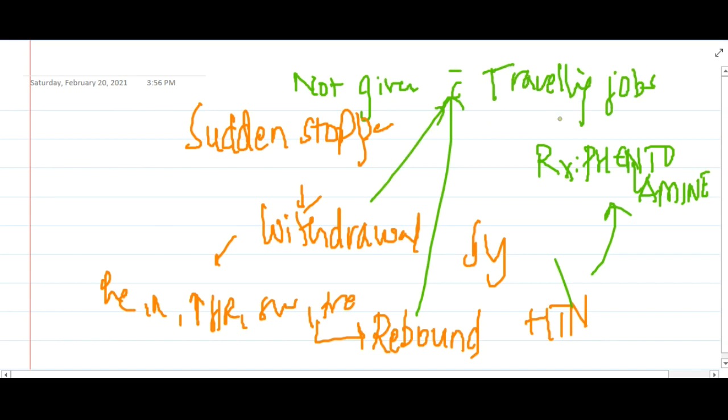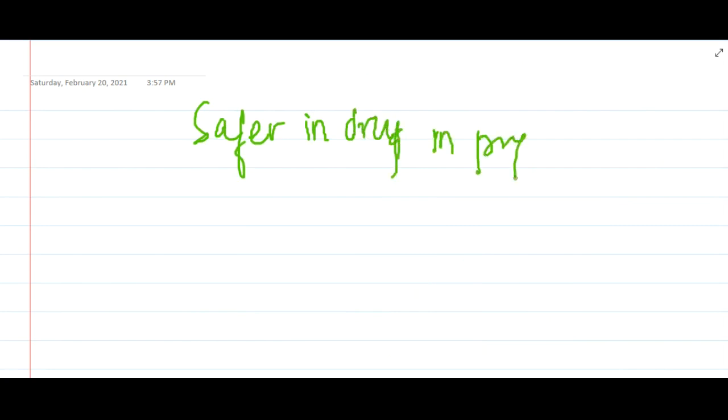So this is about the Clonidine. And one more thing, this Clonidine is a safer drug in pregnancy, right? Now the next central sympatholytic or alpha 2 agonist used in pregnancy is Methyl Dopa.